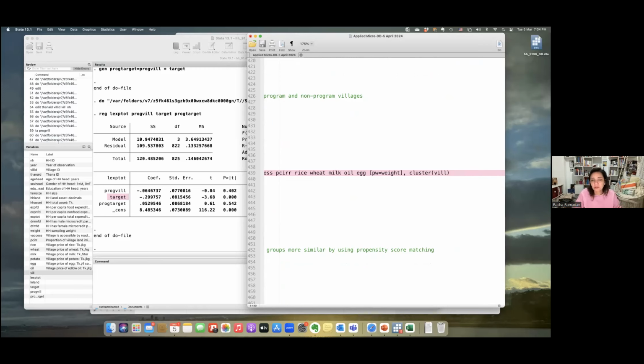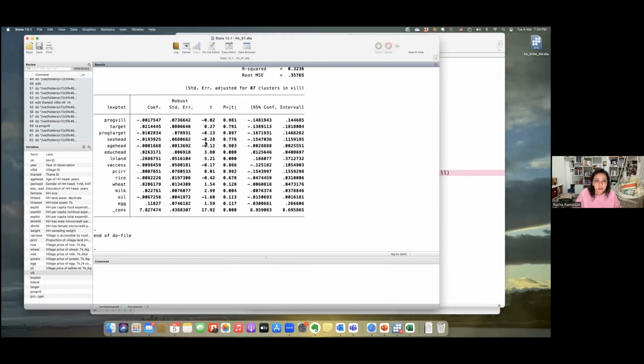We also did this above, but I forgot to mention it to you. If I run my model, we can see that when we control for the other variables, the program village dummy variable is not significant anymore. What is significant, as expected, is the education of the head, the area of land of the head, and the price of milk, and it's only the price of milk.